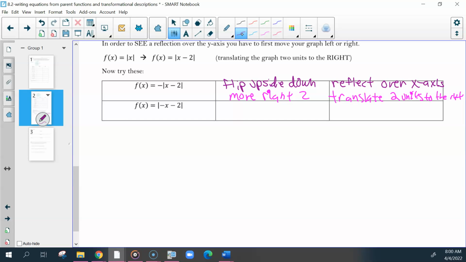So this would be flip over y-axis. Move right here. Or reflect over the y-axis. Translate to the right 2.